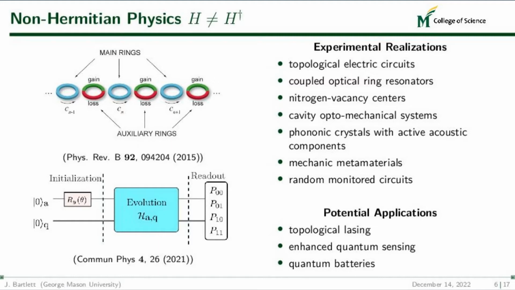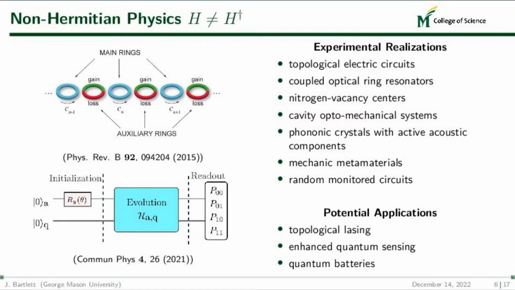The top left is these coupled optical ring resonators. So you have these ring resonators connected by auxiliary rings, and these auxiliary rings will have different lengths in order for the light to acquire a different phase shift, and this will produce asymmetric hopping. Or in other words, for example, hopping to the right is decreased and hopping to the left is increased.